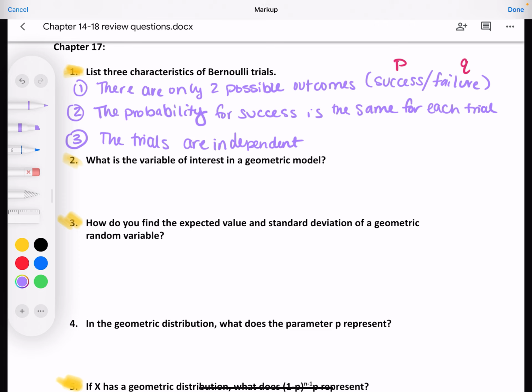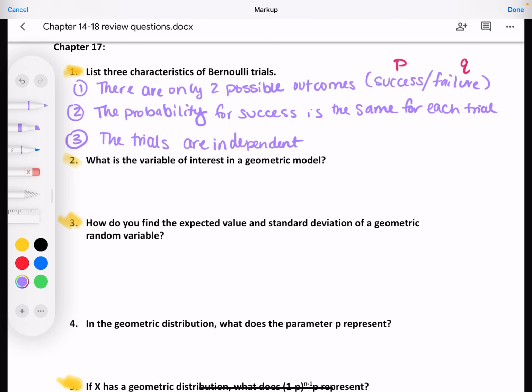All right, what is the variable of interest in a geometric model? Like, what type of variable? So, when would we want to use geometric? When we're looking for what in regards to the observation? What do you mean by that?